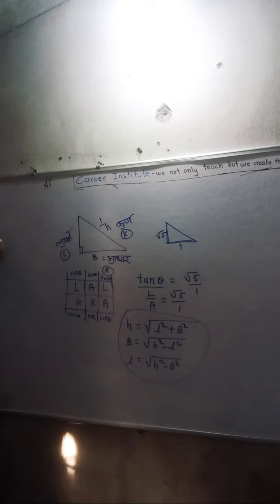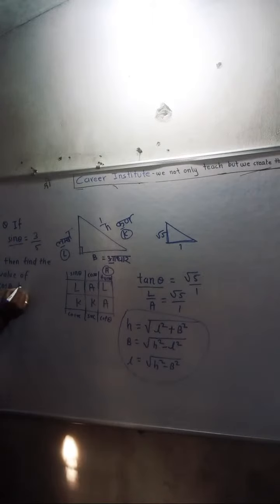Now see one question. If sine theta is equals to, just take anything, 3 divided by 5, then find the value of the remaining ratios.